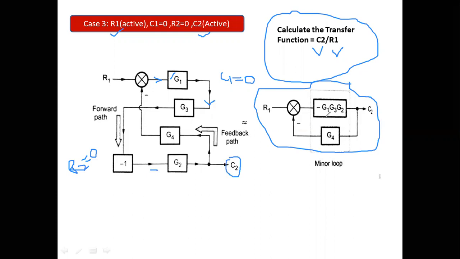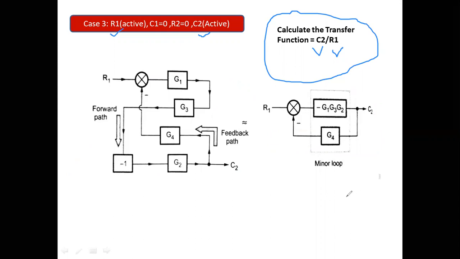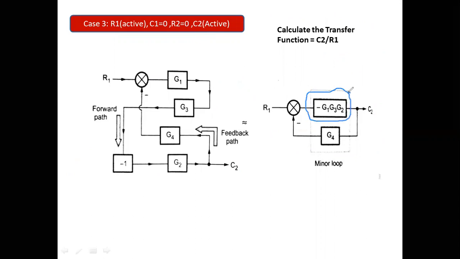It means the forward path GS values would be what? G1 multiplied by G3 multiplied by -1, okay, multiplied by G2, and that is something which I have written over here. Okay, in the forward path, if you just see, that is something which I have written over here, minus G1 G3 and G2.